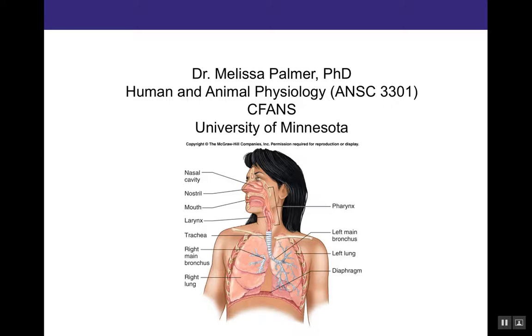On the y-axis, this is hemoglobin saturation. What that means is how much oxygen is bound to hemoglobin. If every single binding site on the hemoglobin molecule has an oxygen attached to it, then you would be at 100%, right?